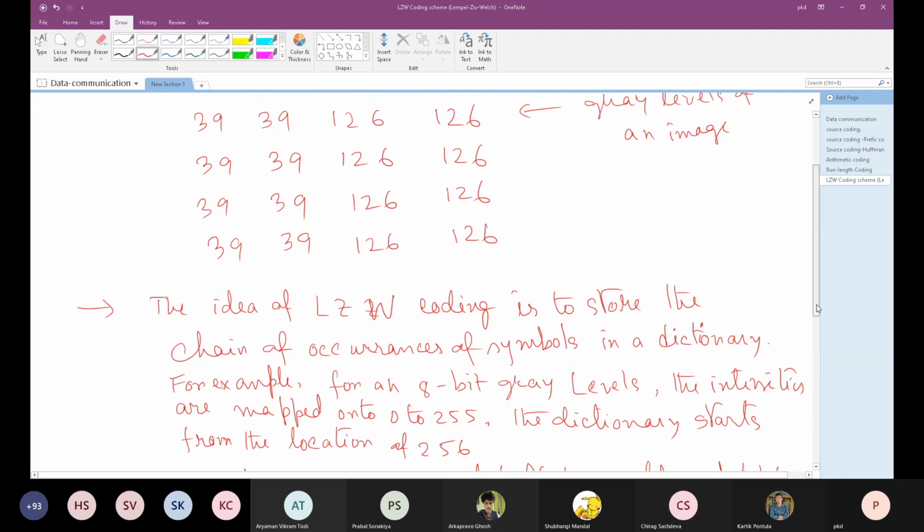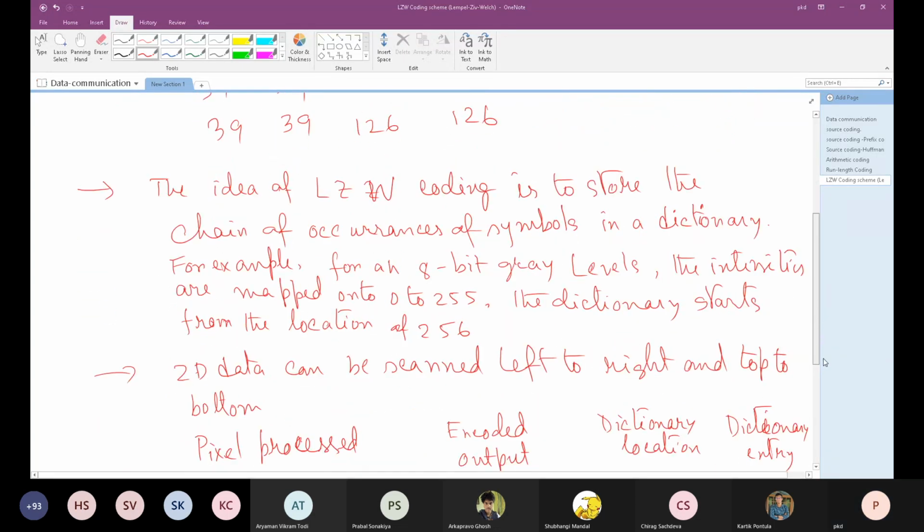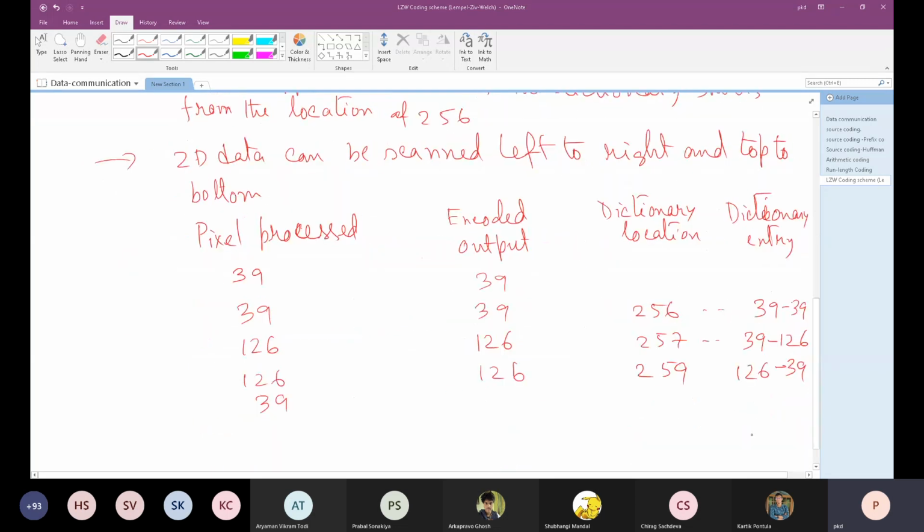Now the coding efficiency comes from the fact that in case of images or many kinds of data, we find that there would be some zones having almost uniform or same kind of values, and then it changes to a different value gradually. And so therefore there is a sequence, and that sequence can be coded.